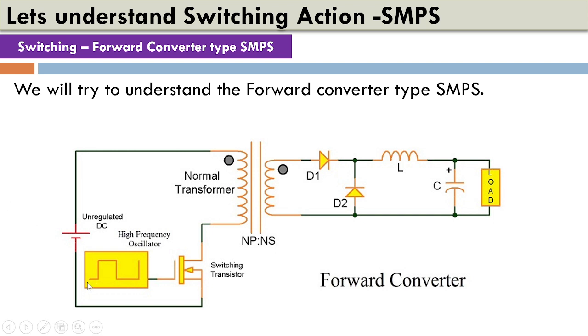Now, the oscillator will actually provide an on period and an off period. We have to remember one thing: this time period of oscillation, which is an on period and an off period, remains the same. It remains constant, and depending on the design needs, it may be more than 15 kilohertz.